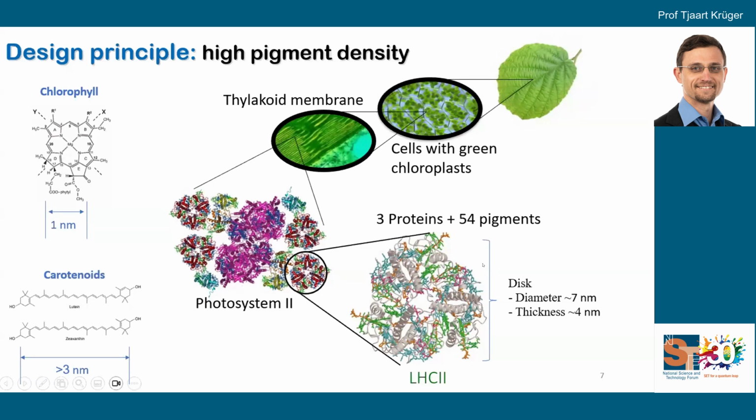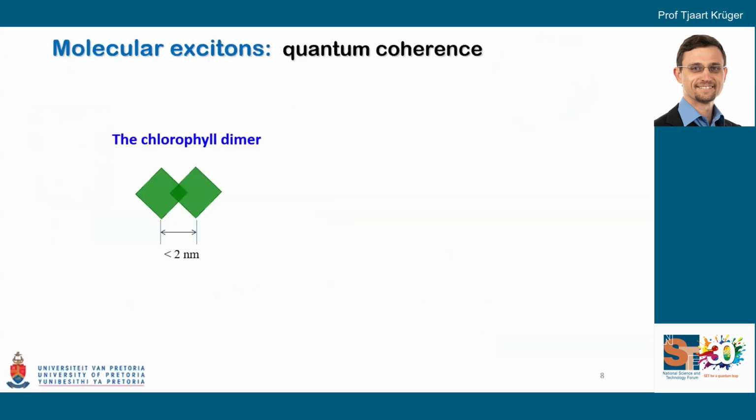Then you get really a high density of pigments. So the center-to-center distances between the pigments range between 1 and 2 nanometers, sometimes even a bit less than 1 nanometer. That is a very high density, and that is responsible for forming very interesting quantum states. Okay, we call these quantum states molecular excitons.